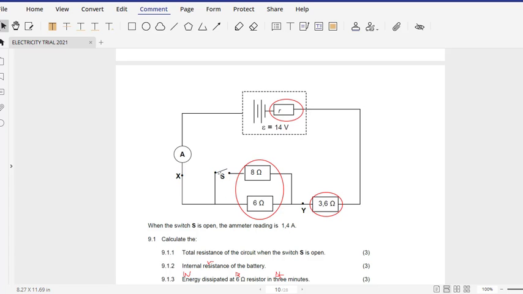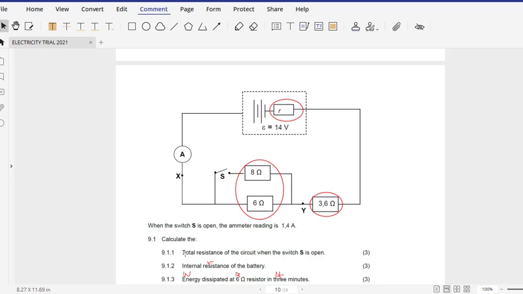Current cannot go through the switch because it's open, so the current is passing through the 6 ohm and then the 3.6 ohm resistor. So these three components are working with the switch open. So the total current will be affected by the three resistors.